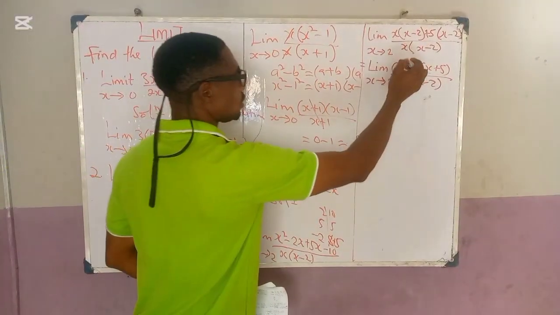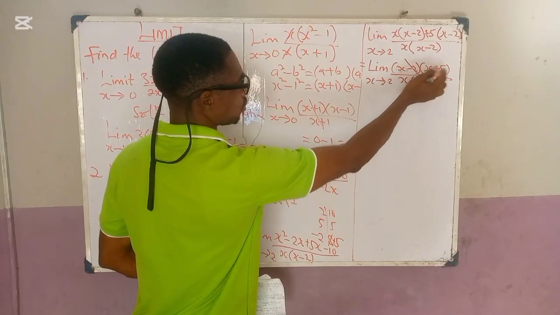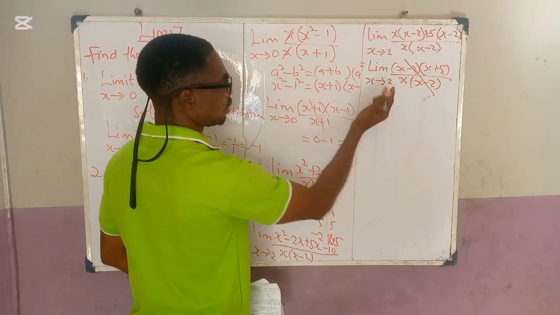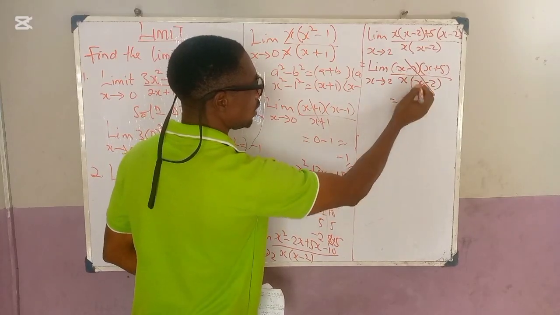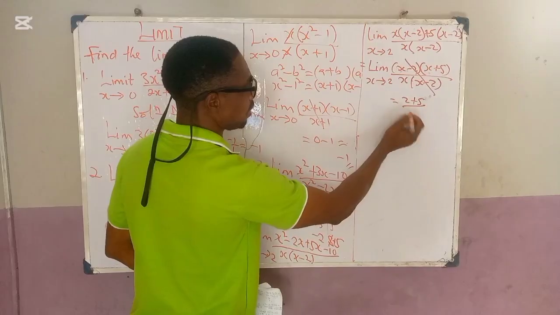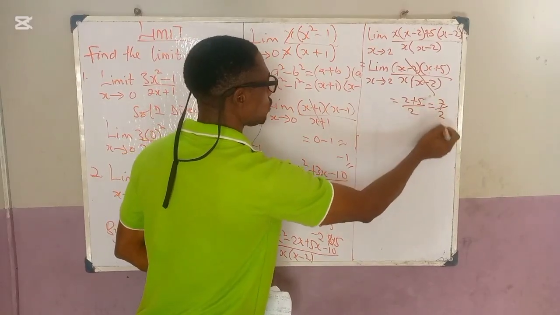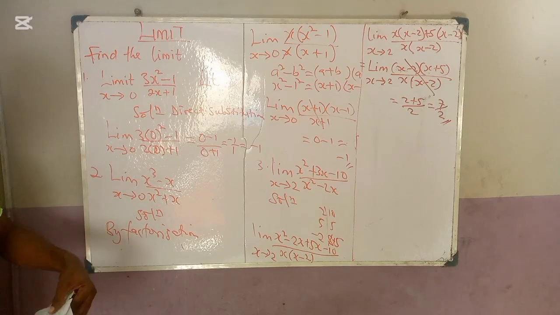Now what do you have here? This going to this, I am left with x plus 5 over x. Remember, x approaches 2. So this becomes 2 plus 5, over x down here, 2, which is 7 over 2. Final answer. Right? I think I can give you more questions.